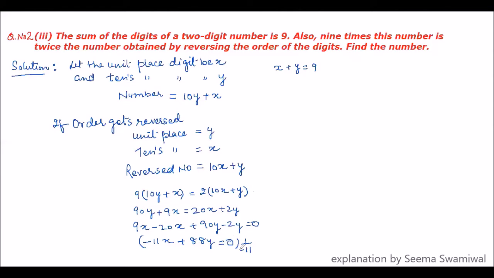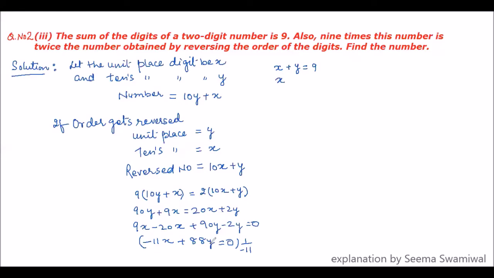So children, when you multiply the whole equation by minus 1 by 11, each and every term will be multiplied. This 11 will get cancelled and you will be left with x.